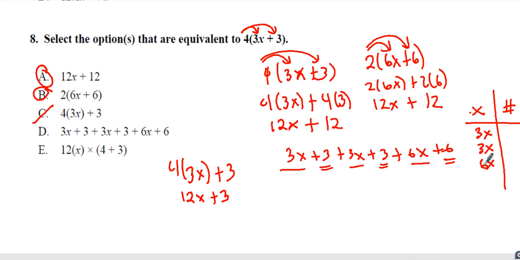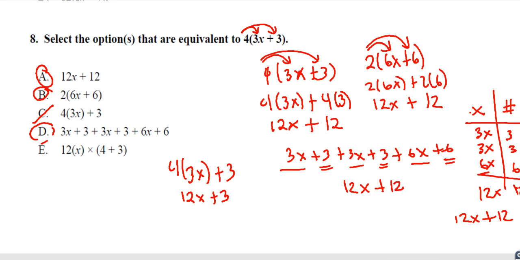I have a 6x. In my number column, I have a 3. I have another 3, and I have a 6. So 3 plus 3 is 6. 6 plus 6 is 12. So 12 x's. So it's 12x plus 12. And that's what I was looking for. So this one actually does work.